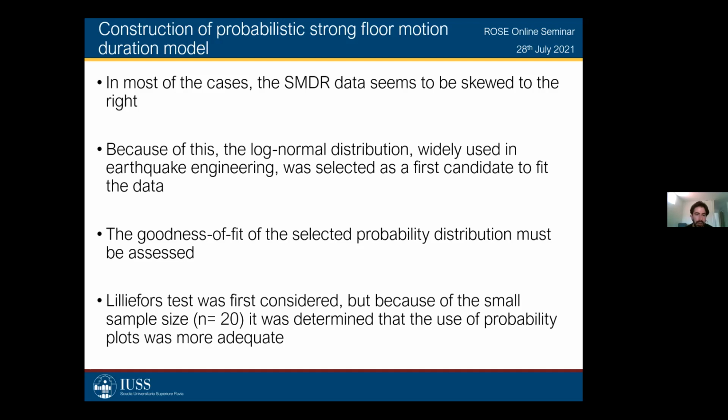So it is not a good practice to use hypothesis testing when you have a very small sample. And since the sample size in this case is 20, because we have 20 dots per vertical line, one dot per ground motion, it was not considered a very robust approach. So it was determined that a better approach would be to use probability plots.